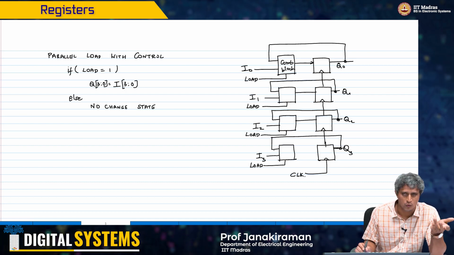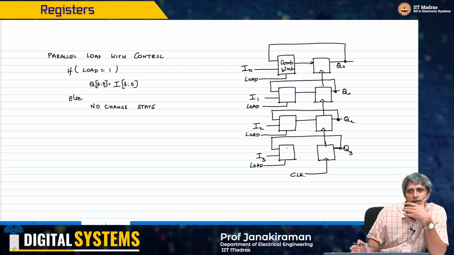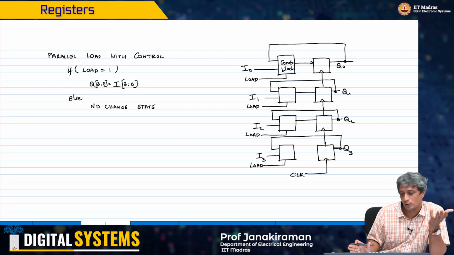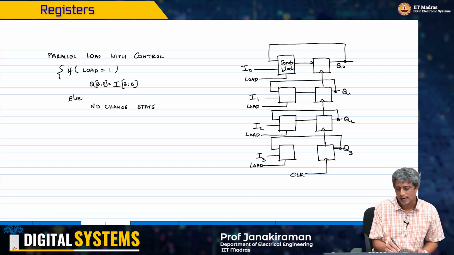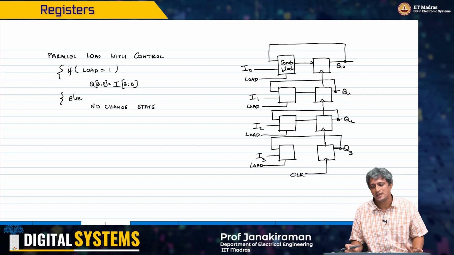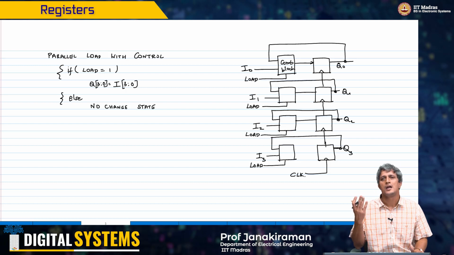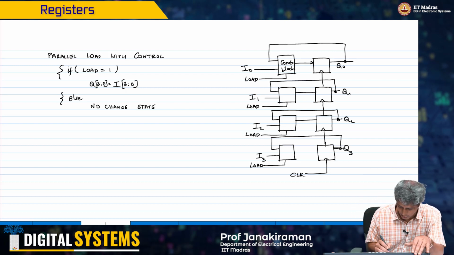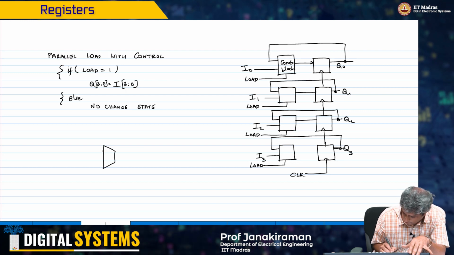If load is 1, then the input should go through, else the input should not go through. The moment you see an if else in your algorithmic thinking, the best way to implement that is with a multiplexer. So this combinational block can be implemented in the following way.